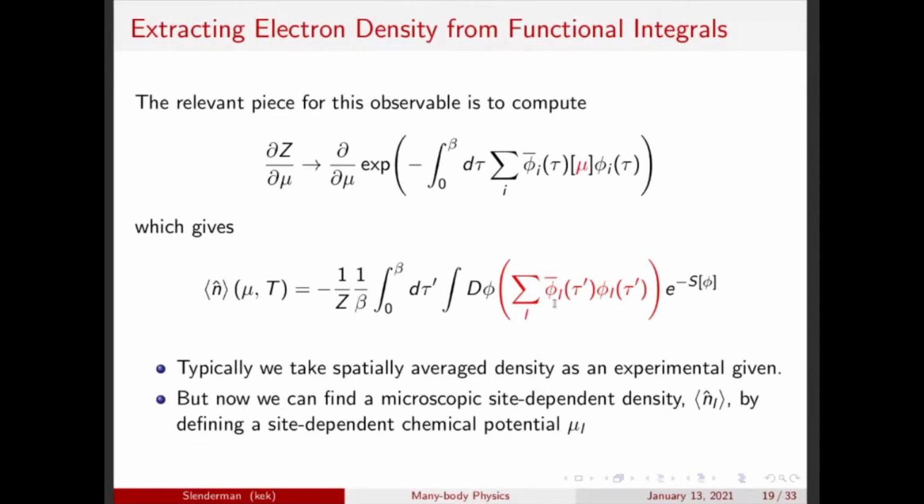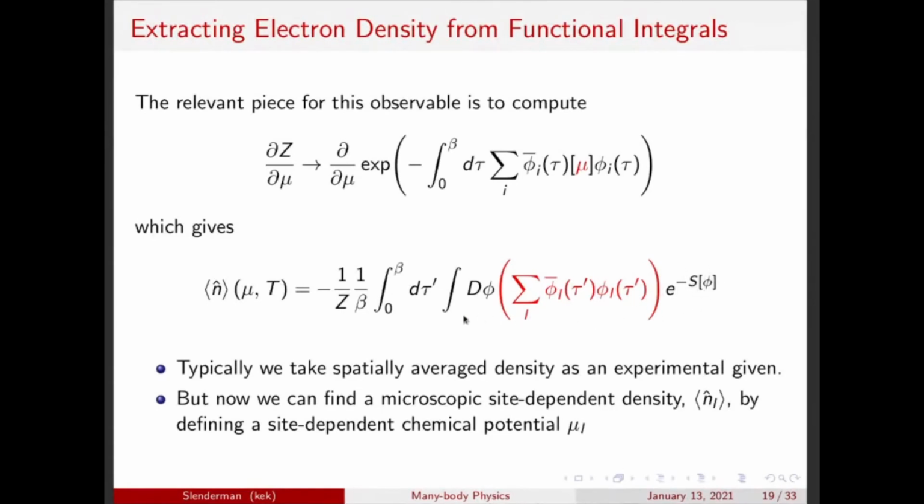You'll see that if you try and look at an individual one of these terms, say if this were an integral over x, dx, you'd have x times x complex conjugate times x times e to the minus S of x.